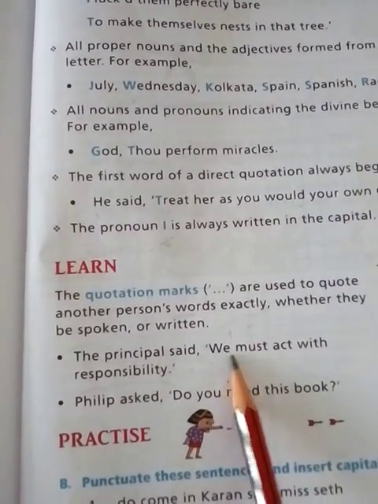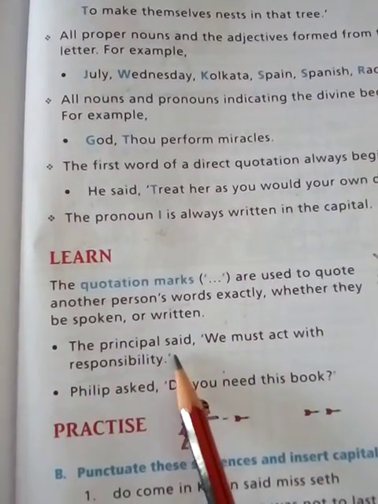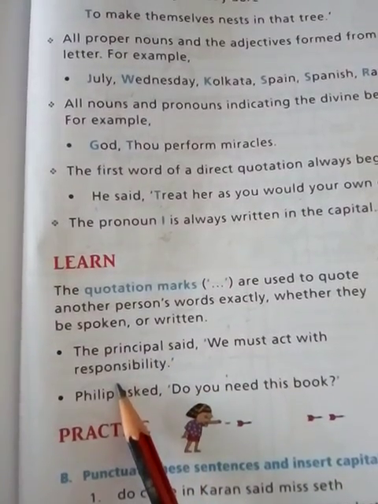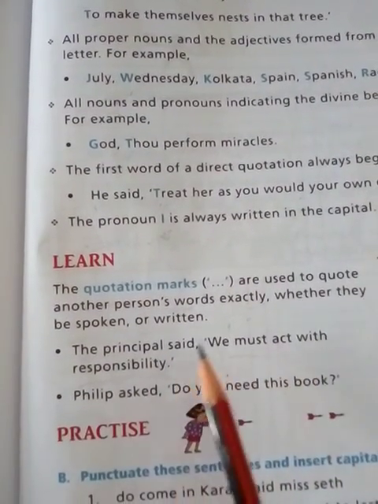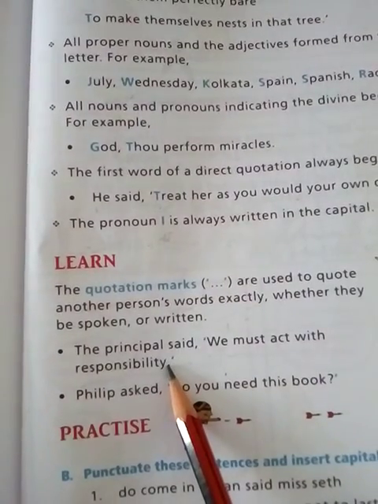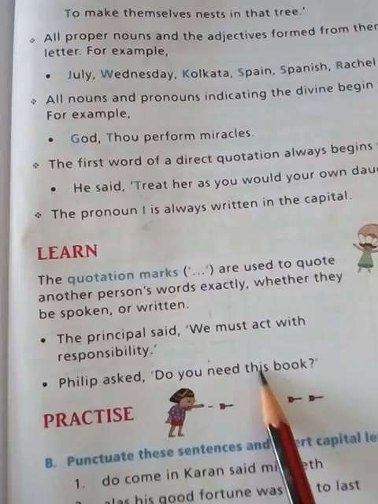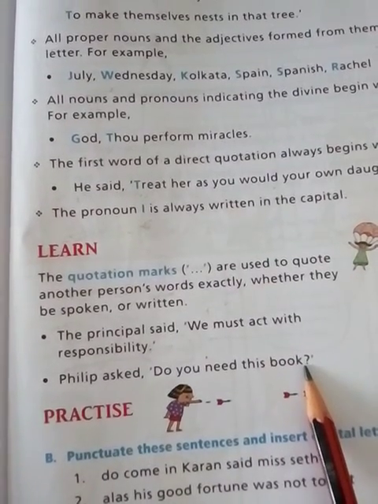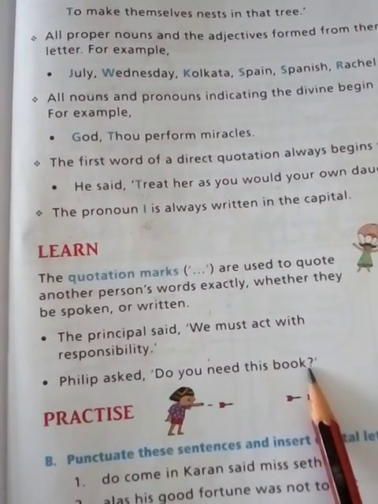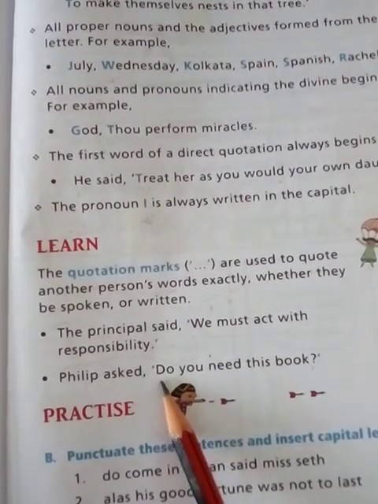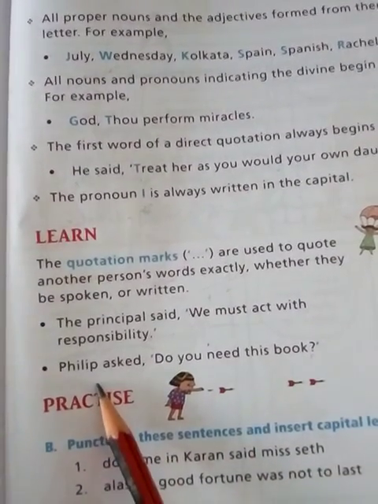Here, we must act with responsibility is the principal's words, which are exactly written under quotation marks. In the same way, Flip asks, "Do you need this book?" Here the sentence is in interrogative form, but it is under quotation marks because it is spoken by a person.